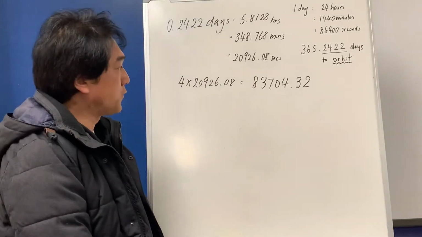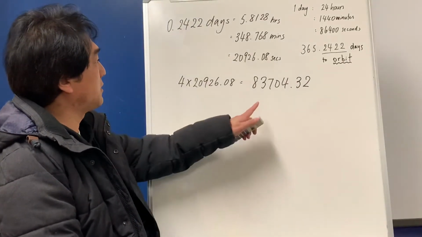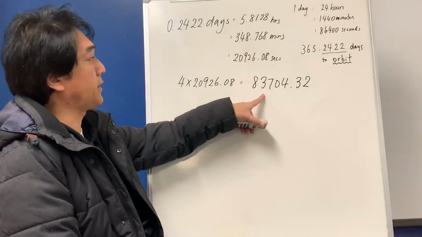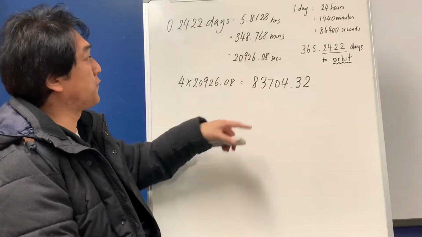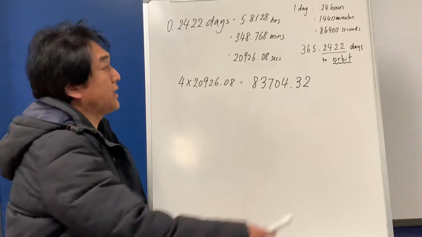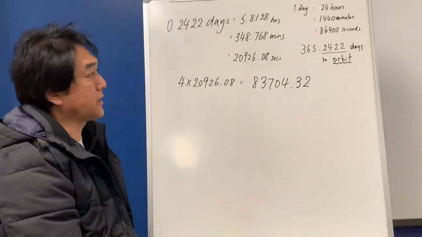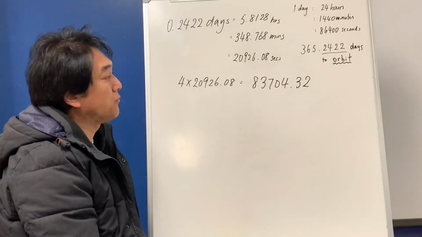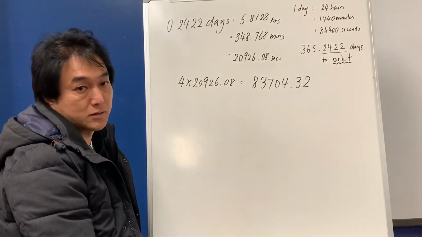So every 4 years we are this many seconds behind. But every 4 years we're going to add 1 day, which is that many seconds. Now we are adding a bit too many seconds every 4 years.